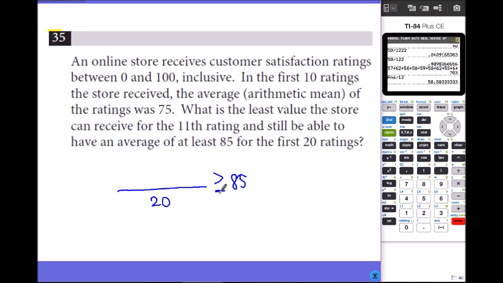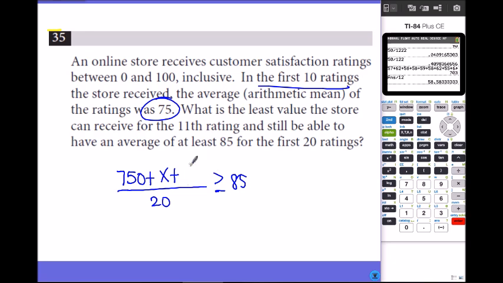So the first 10 had an average of 75, right? First 10 had a rating average of 75, meaning when you add them up, it's 10 times 75, so you get 750 total. And we are looking for the 11th. And to get the least, meaning the other numbers had the most rating, right?